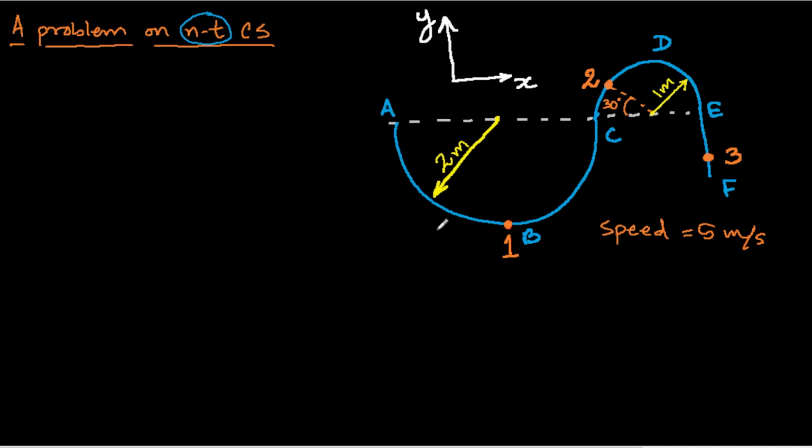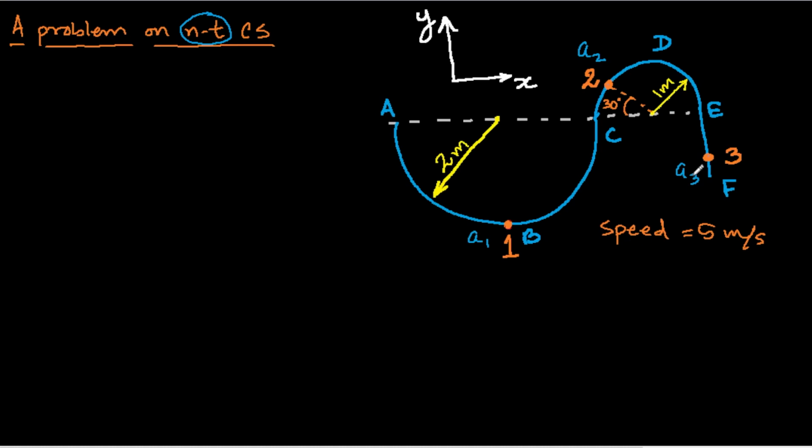And then we are asked to find out three accelerations: acceleration 1 at point 1, similarly acceleration 2 and acceleration 3. So these three accelerations we are required to find out.